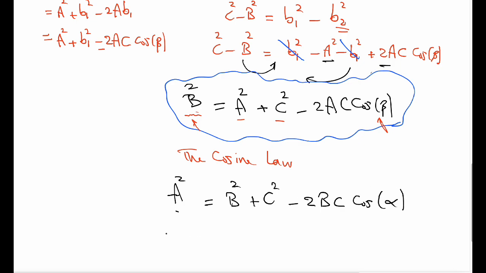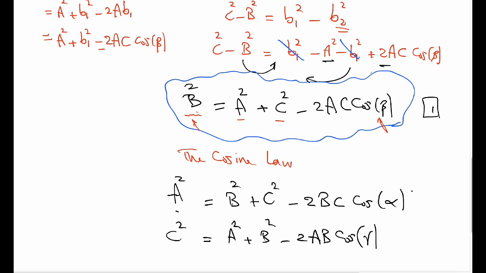The third equation is that C squared equals A squared plus B squared minus 2 times A times B times cosine of the angle opposite to C, which is gamma. So this is 1, this is 2, and this is 3. That's it.